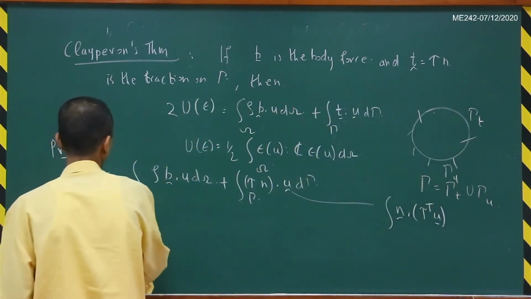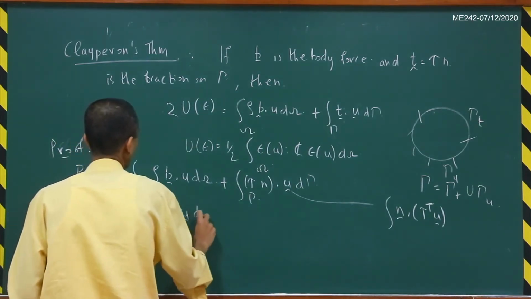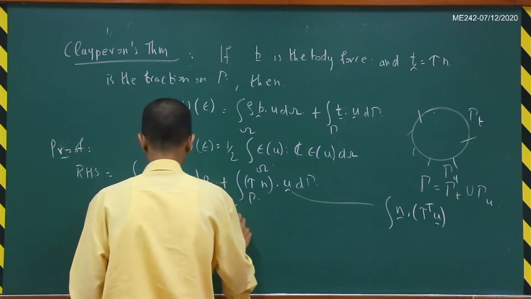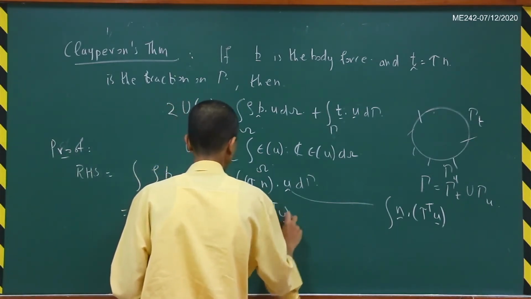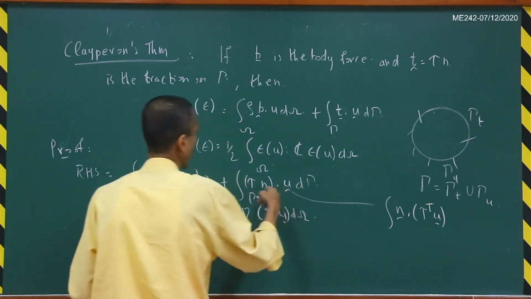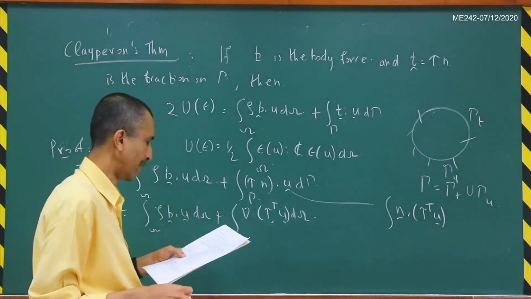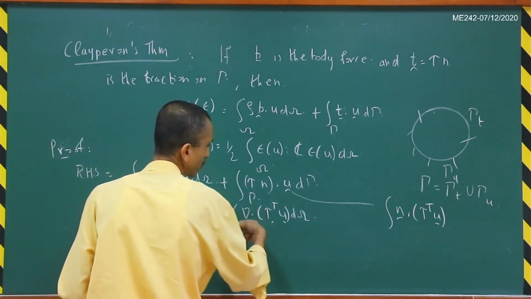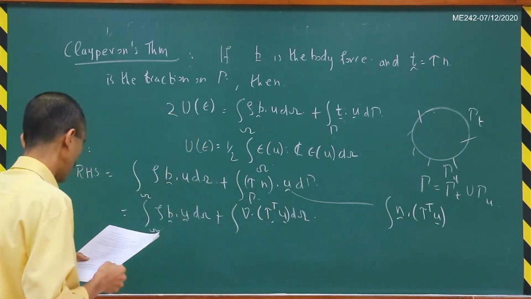So this is equal to integral of rho b dot u d omega over omega plus del dot tau transpose u d omega. So we transformed it from a surface integral to a volume integral, and now you expand this out, using the usual index notation, and you can simplify this relation.